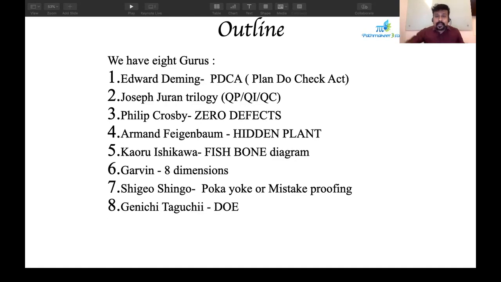So these are the contributions of the 8 quality leaders that we discussed. A few concepts, like the fishbone diagram, Poka-yoke, and DOE, we'll be discussing in detail, and PDCA we'll be discussing in detail in green belt. But in the yellow belt course we'll be discussing more about the fishbone diagram.